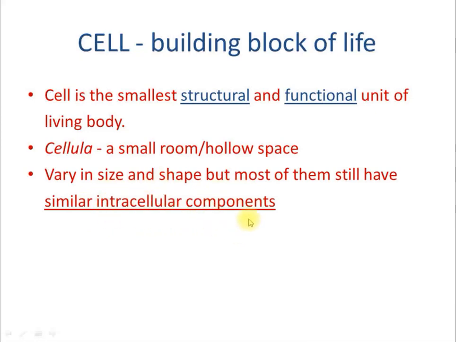So the question arises: which are the components that you consider as intracellular, or in other words, how will you define a cell, when is a cell called a cell? That is what we are trying to find.